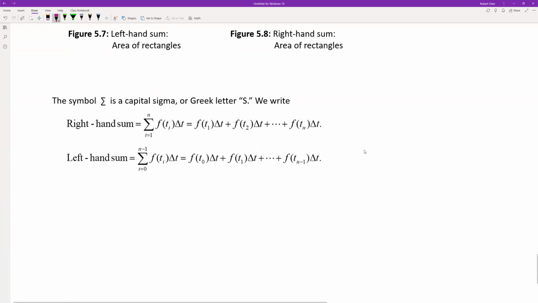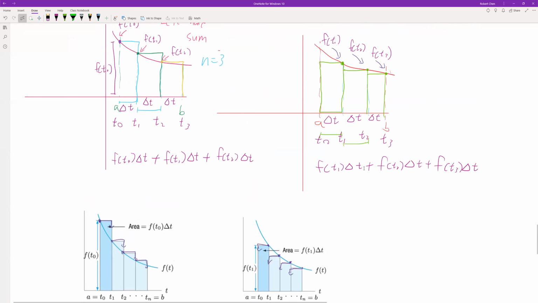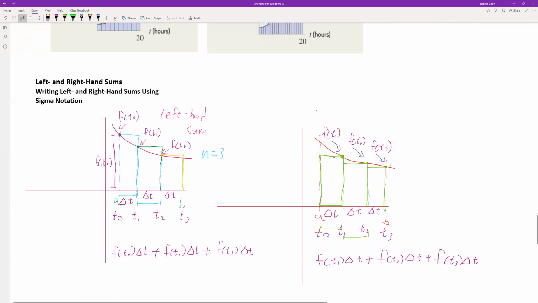First, let's talk about the sigma notation. Sigma basically means the sum; you're adding all the terms together. Let's look at the right-hand sum first. Notice that we're starting with t1. For the right-hand sum, we're taking the right value, starting with the first rectangle.